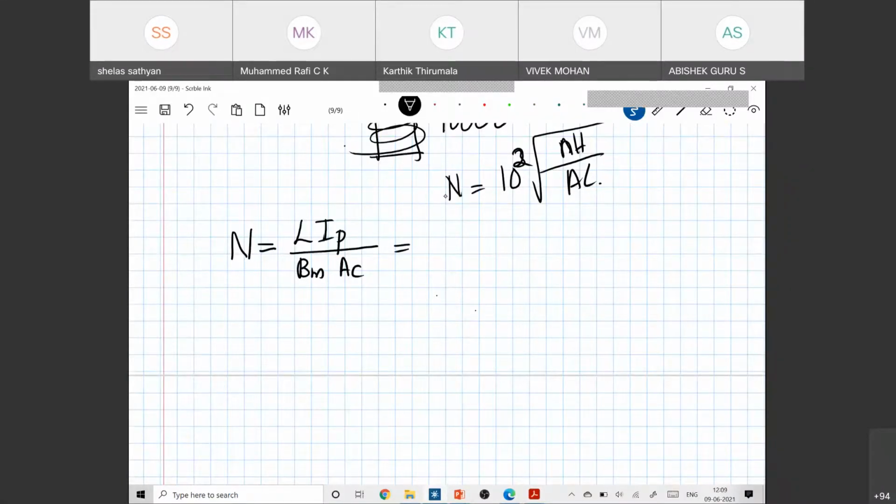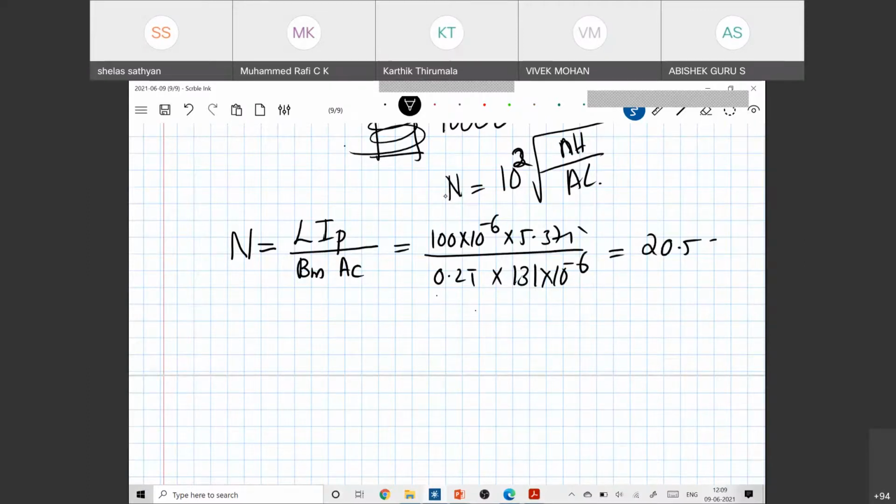So inductance is 100 microhenry, peak value is 5.375, and the remaining values. And here it is 131 mm square, which can be converted into meter square, and it comes to around 20.5 turns. So take the next whole number. We will take N equal to 21 turns.